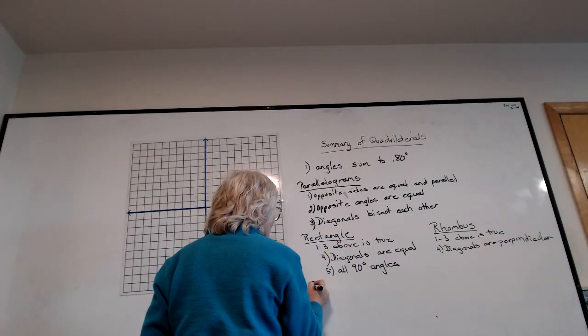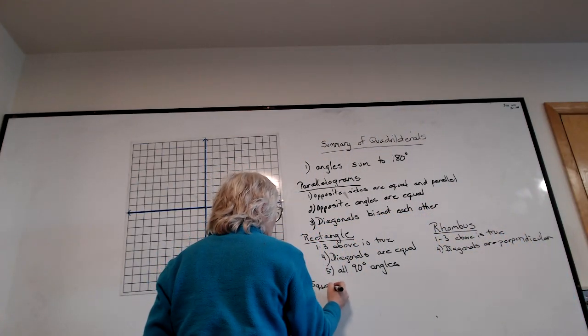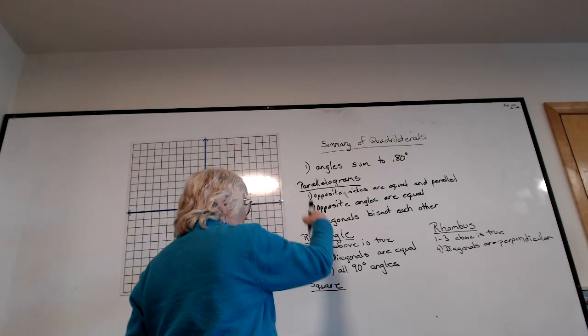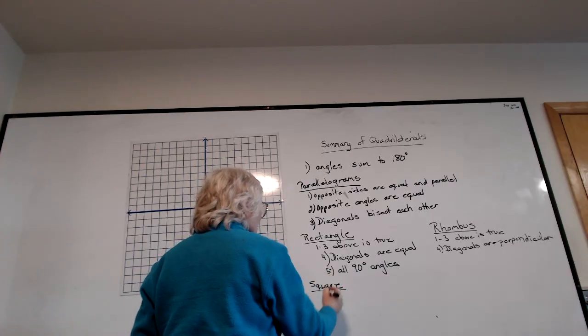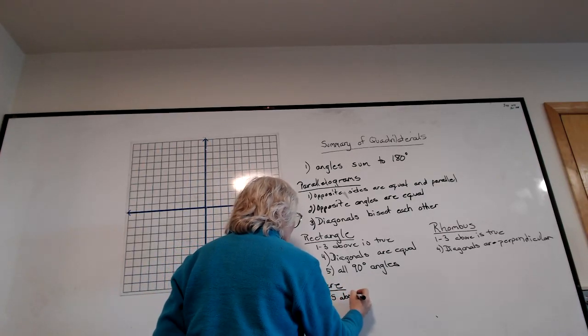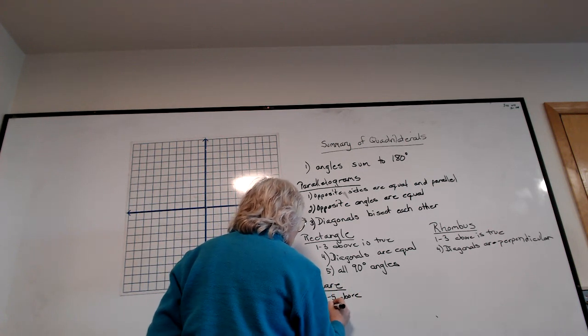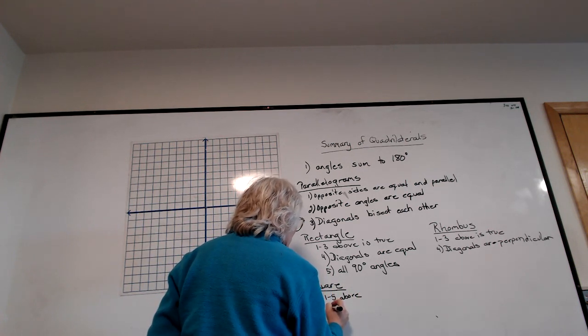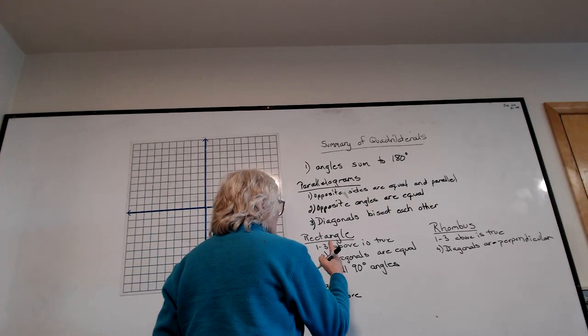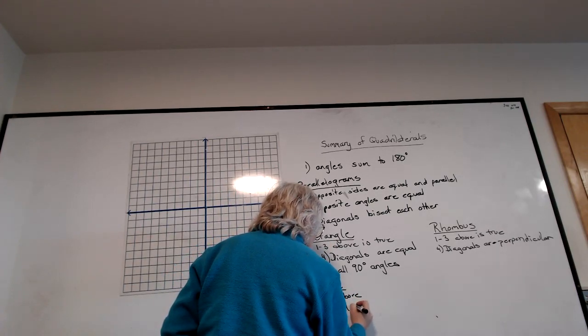A square is kind of like a rhombus, but it has all these things that are true of the rectangle, so it's number 1 through 5 above. And then it has 6, that all sides are the same.